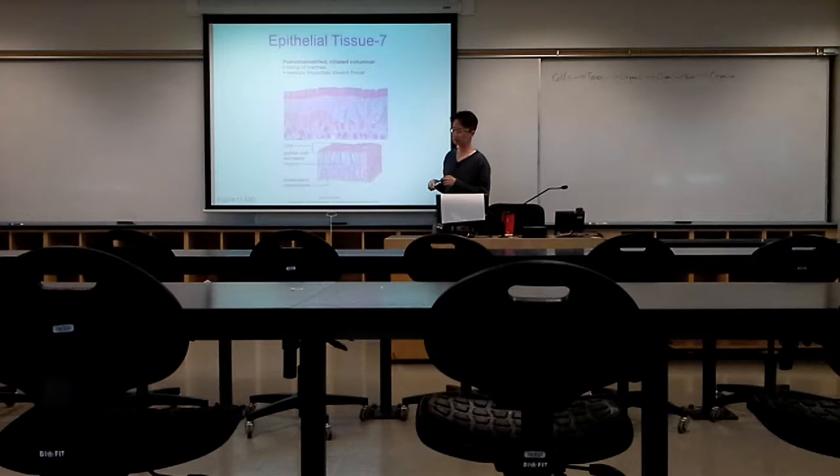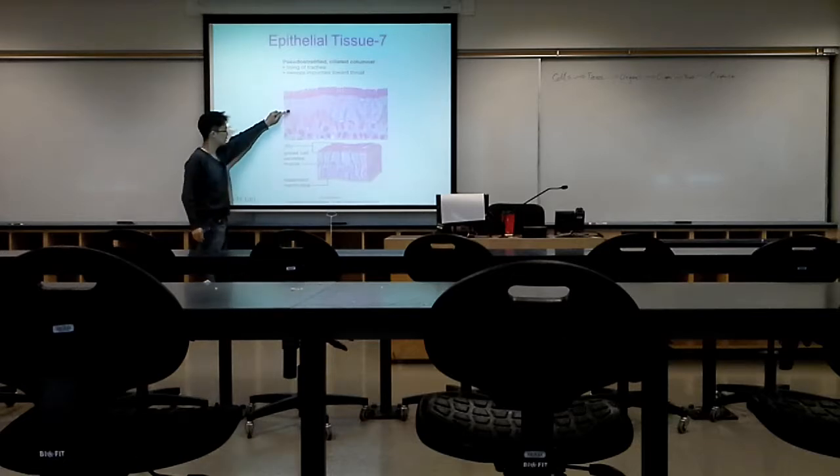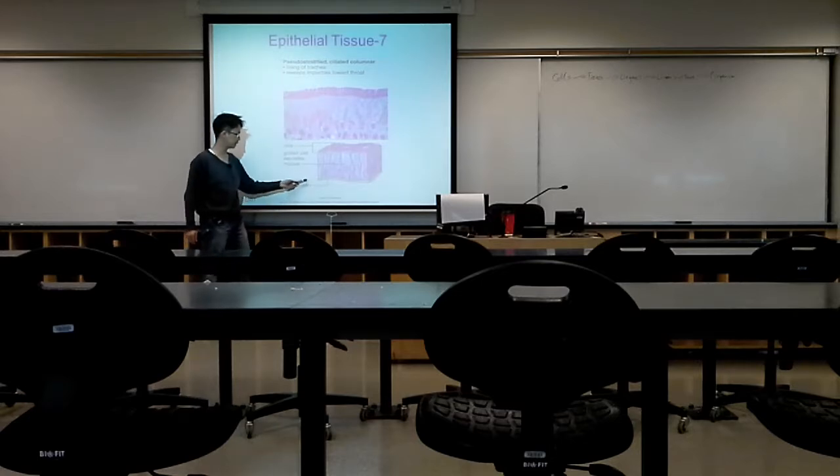Pseudo-stratified ciliated columnar cell. Pseudo-stratified, if you look at this picture here, you can see that it looks like they have two layers of cells. But actually, all these cells are attached to the same so-called basement membrane.